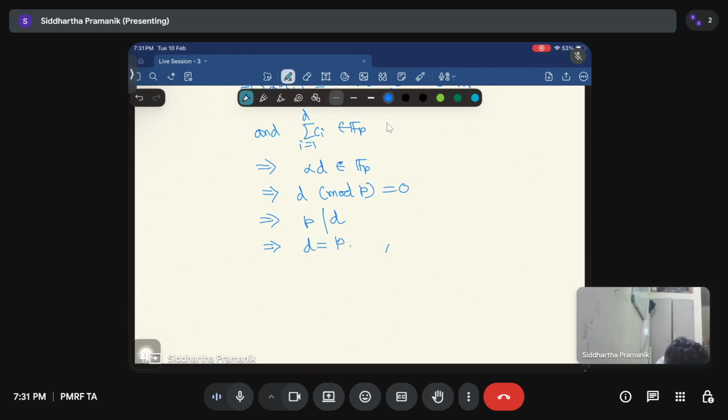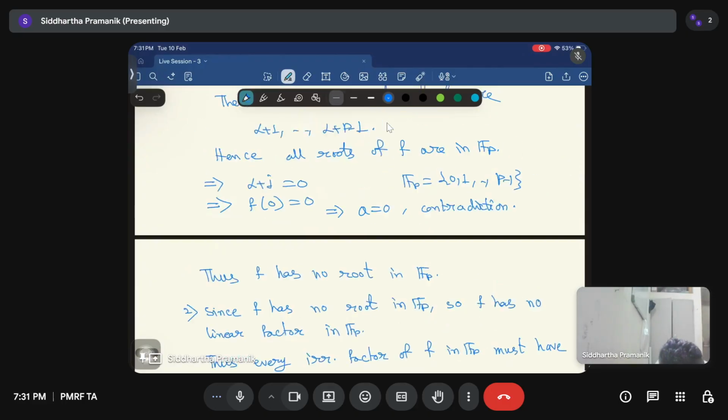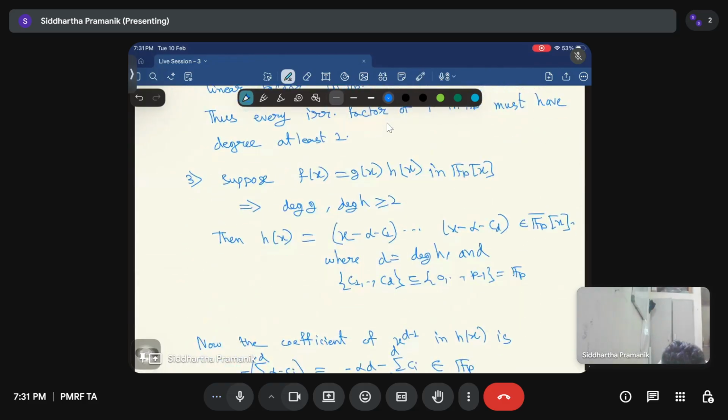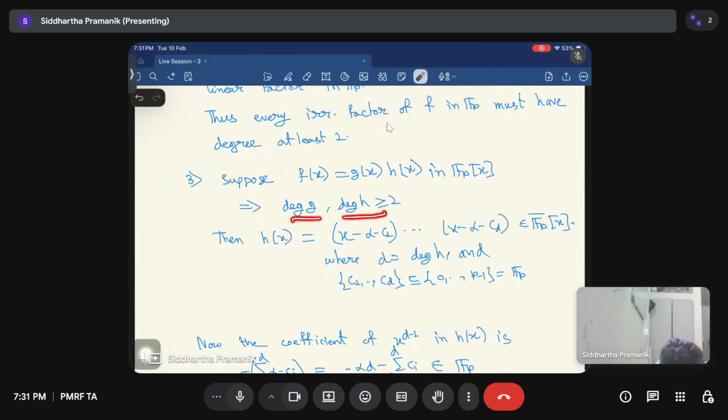So this is a contradiction. So here we have got that the degrees of g and h are at least 2. So this will imply the degree of h must be strictly less than the degree of f, which is p. This is a contradiction.